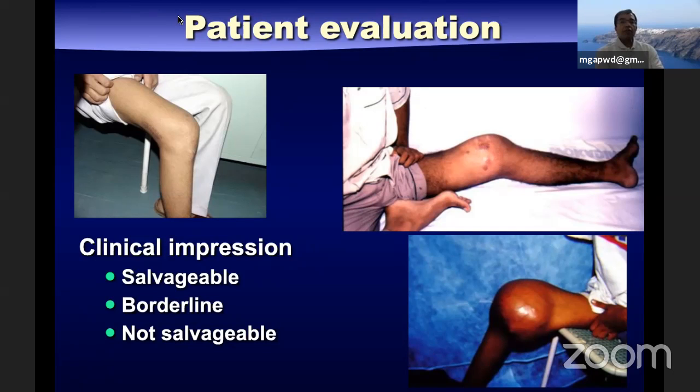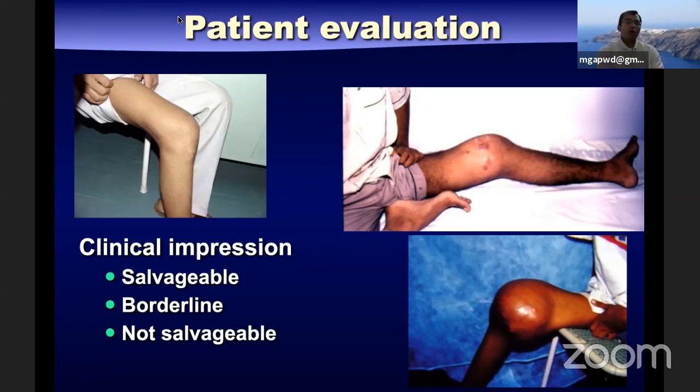Whenever somebody comes in the right age group with a swelling or a tumor on the leg, the first thing as clinicians is we form an image in our mind, and we try to think of whether something is easily salvageable in terms of doing a limb salvage surgery, or is it borderline, or is it clearly not salvageable.